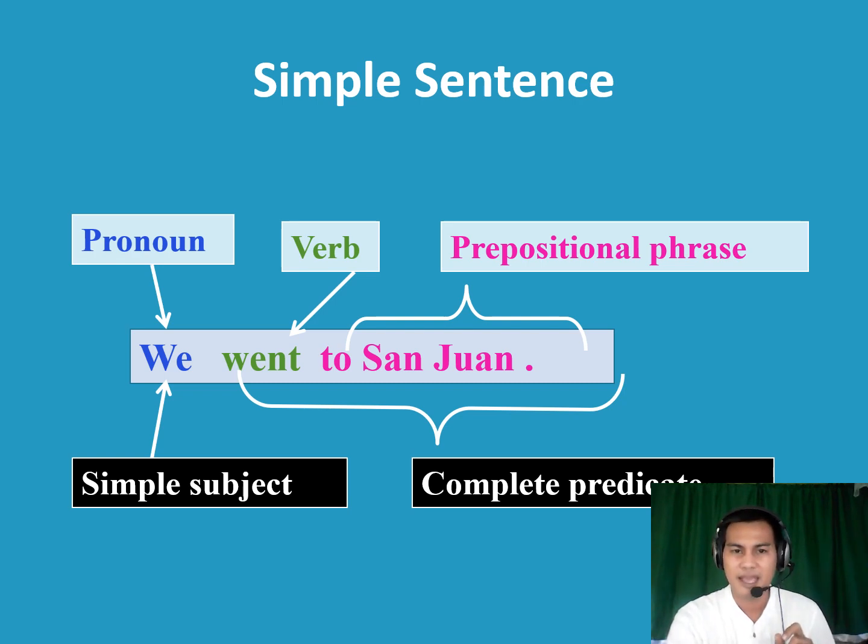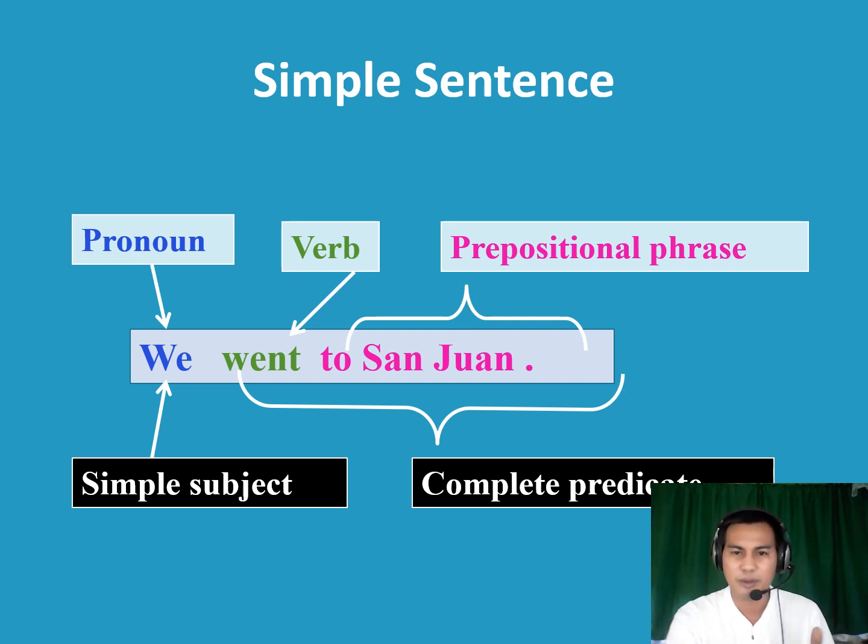So that's the verb. And then to San Juan, this is our prepositional phrase. You would know it's a prepositional phrase because it's a group of words, a phrase that starts with a preposition. Prepositions are, of course, the little words like in, on, at, of, into, to, by, that tell you the location of things.